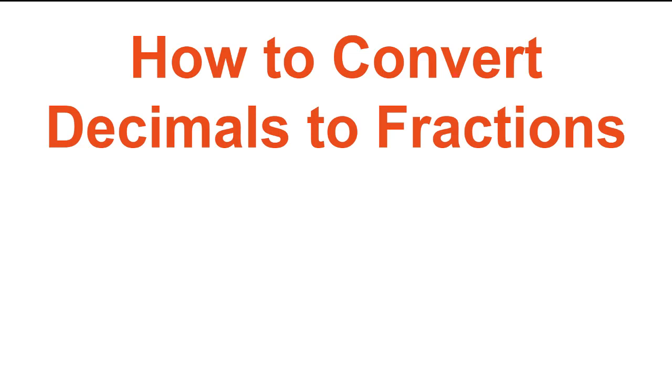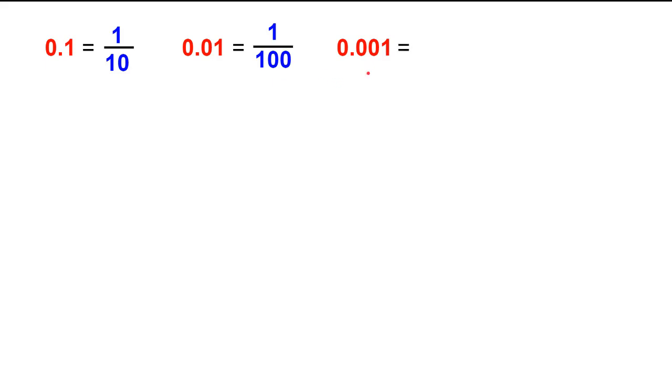In this lesson, I'm going to teach you how to convert decimals to fractions. For that, we have to remember a few basics and then we'll move on. You have to remember by heart that 0.1 equals 1/10, and that 0.01 equals 1/100, and that 0.001 equals 1/1000.